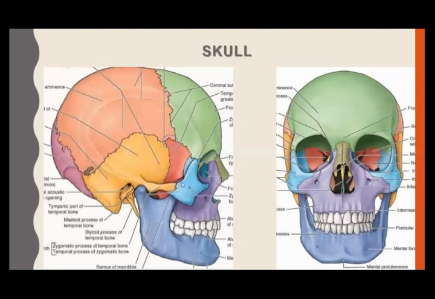This is called the zygomatic arch. Please note, the zygomatic arch is formed partly by the temporal bone, and look at this mustard or yellow bone. This yellow is made by the temporal bone and also contributed by the zygomatic bone. So this arch is formed by both.